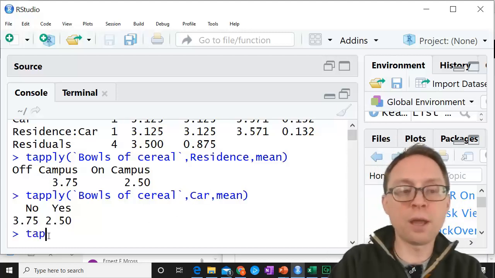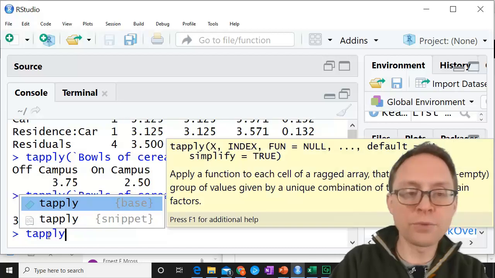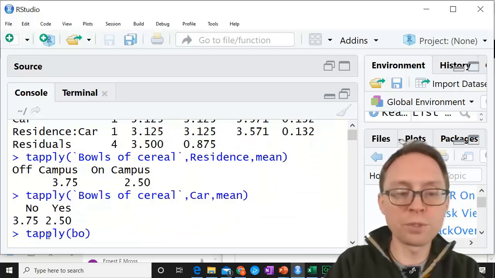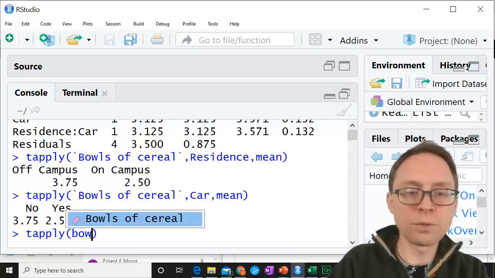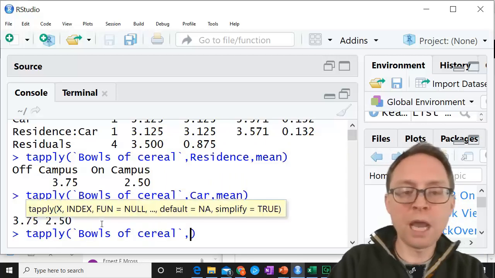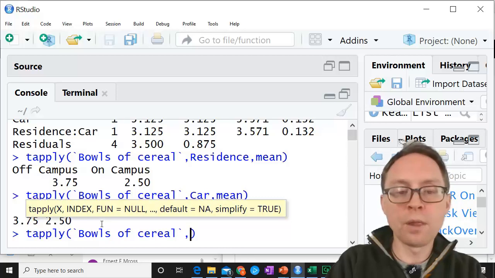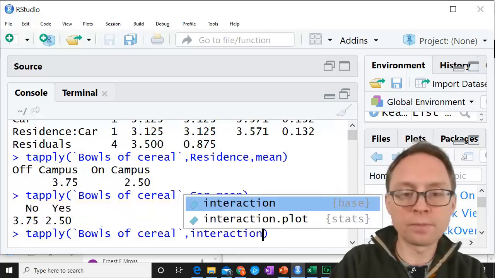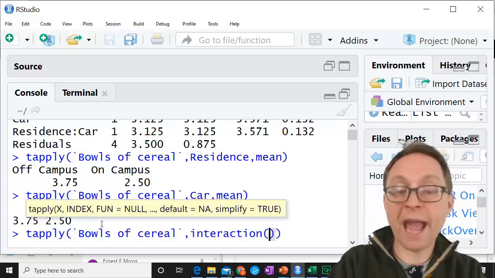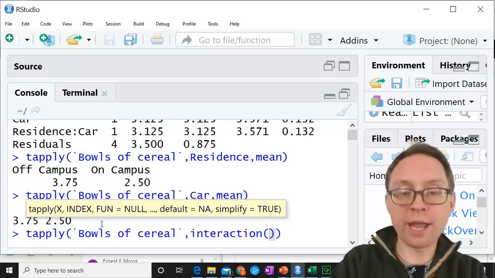Again, we do T apply, but we've got to do something a little bit more specific. Bowls of cereal, because the dependent variable always comes first. But now we're going to say the word interaction, and we're going to add the two variables that are in our interaction.